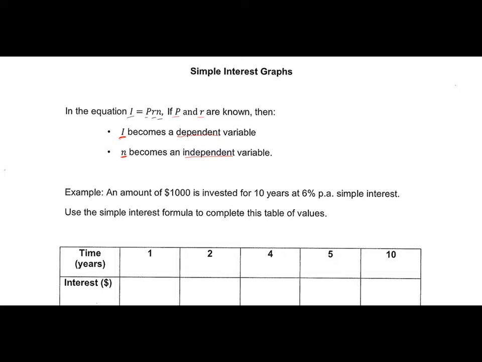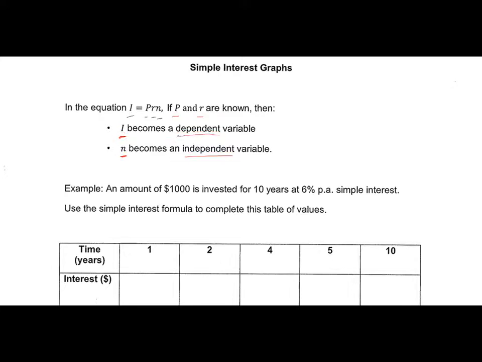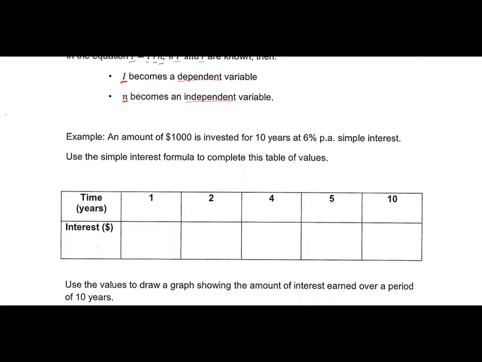So a simple example says that an amount of $1,000 is invested for 10 years at 6% simple interest. We use the simple interest formula to complete the table of values. I'll just write the first one up. Time in years is 1.